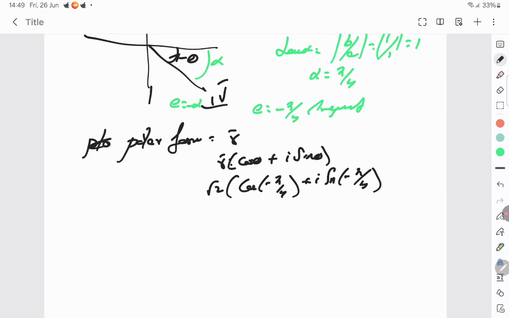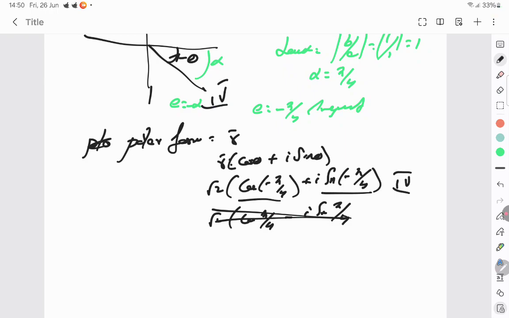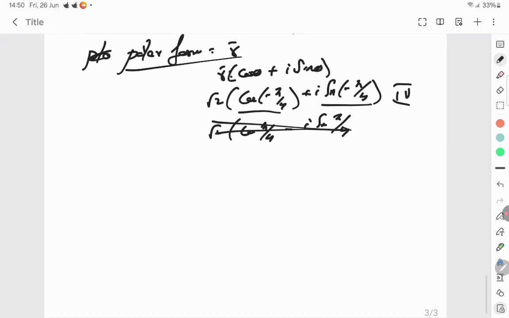Do you know sine of minus theta is minus sine theta, cos of minus theta is cos theta. But they are not using this trigonometry formula, they're leaving it as it is to show that the answer is in the fourth quadrant. Okay, so this is called polar form. The polar form basically is r into cos theta plus i sin theta. It's the easiest way to do complex numbers.